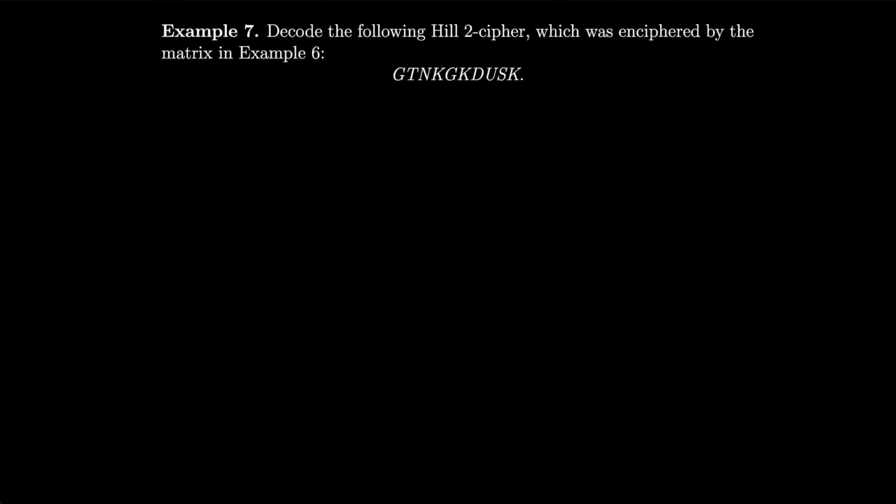Let's decode the following Hill 2 cipher, which was enciphered by the matrix in example 6. Now that we have figured out how to take inverses of matrices with modular arithmetic, we can use those inverses to get back to the original unenciphered text.